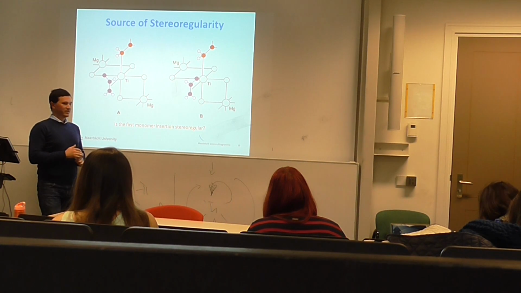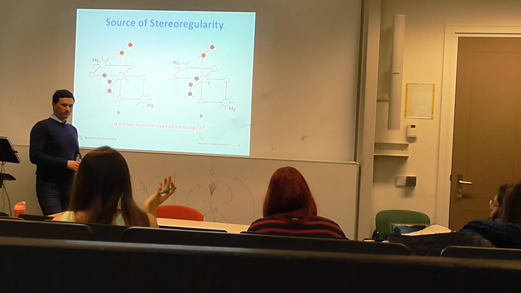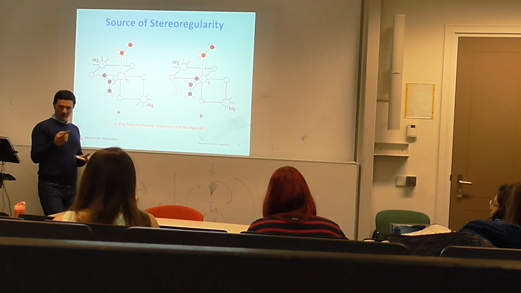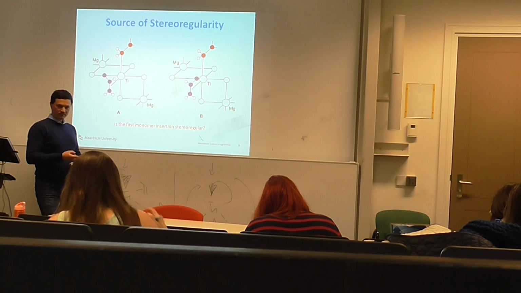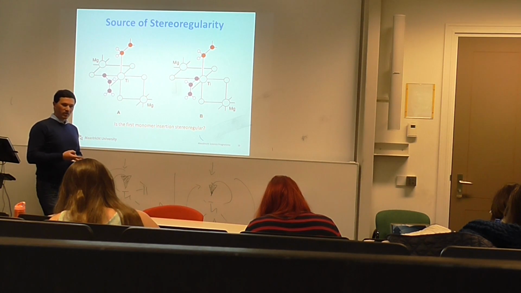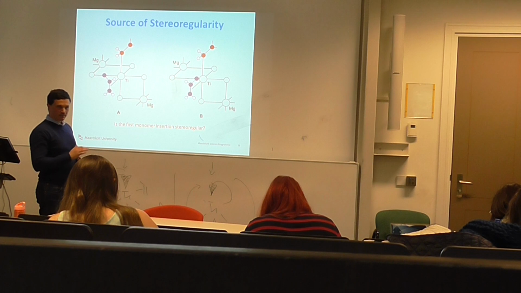Is the first monomer inserted in a stereoregular way or not? No, right? Because you don't have a chain to orient. So the first insertion, you're right, would be 50% R, 50% S. Then while the polymer grows, it will orient the methyl group, so your stereoselectivity increases. Correct, very well done.